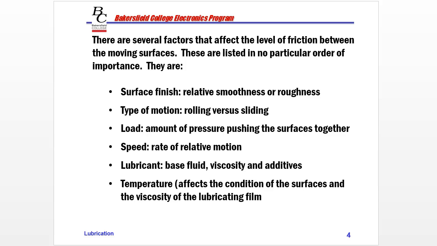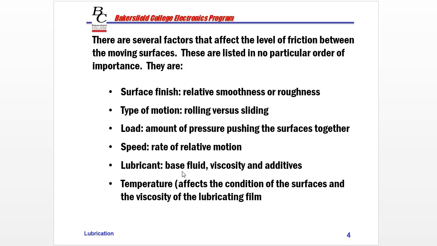The next item on the list is the speed or the rate of the relative motion. A high speed will cause a different amount of friction than low speed. And high speed usually generates more heat. And heat is actually a byproduct of friction.